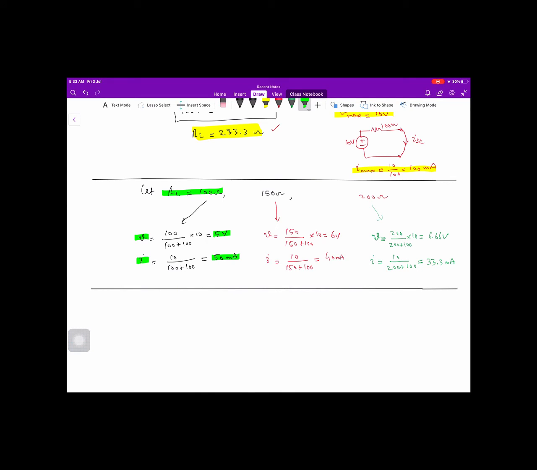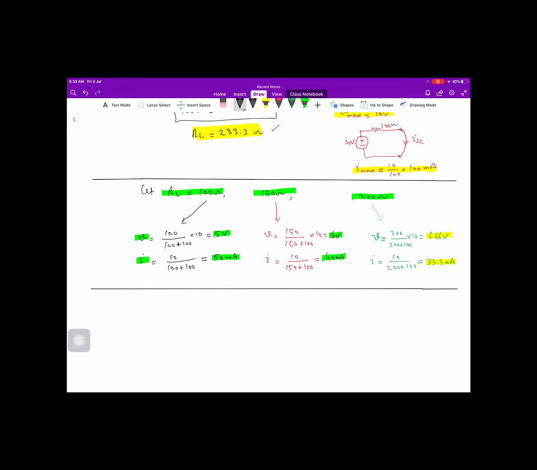Now we select RL of 150 ohm. With 150 ohm load resistance, the output voltage is 6 volts and the current is 40 milliampere. Again, this resistance can meet the given requirements. Then say we choose another value, 200 ohm. With 200 ohm load resistance, the voltage at the output is 6.6 and the current flowing through the load is 33.3 milliampere.